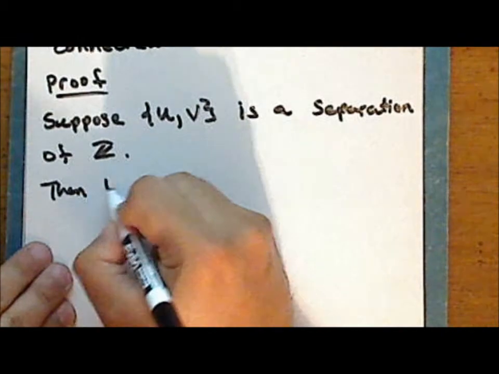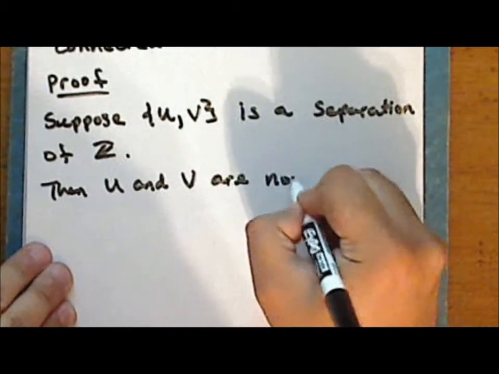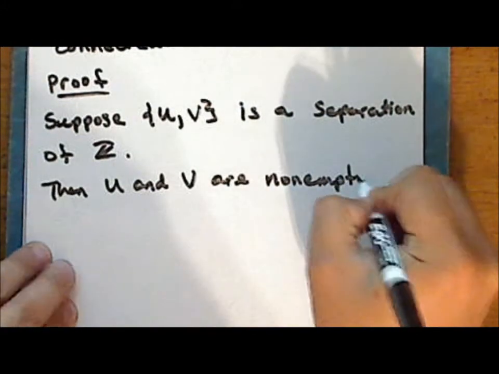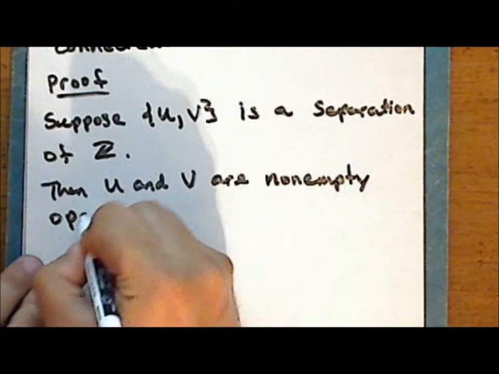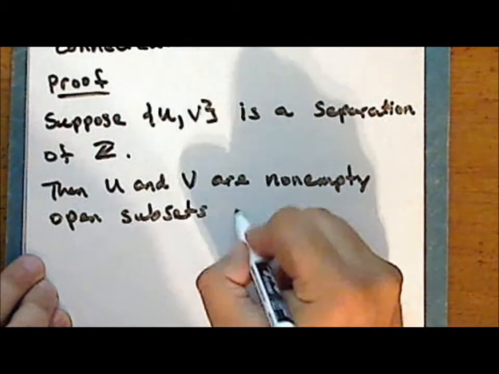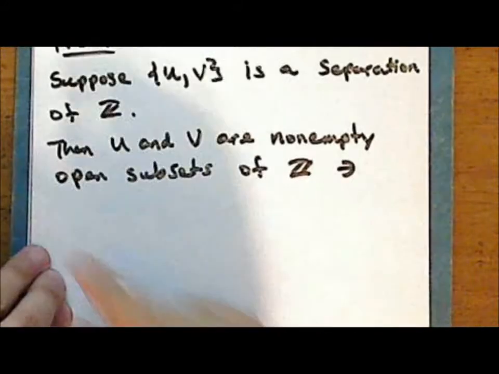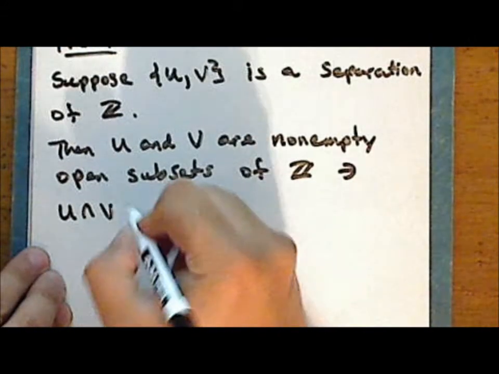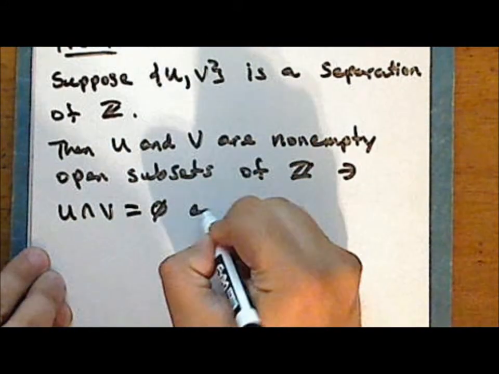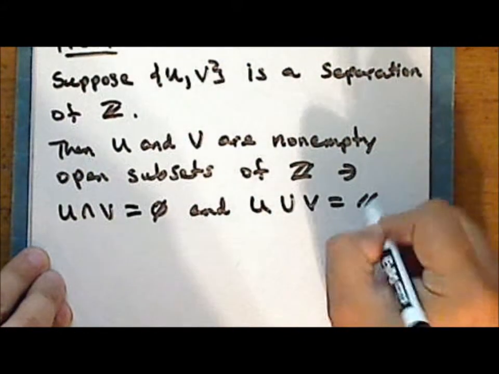Then U and V are non-empty, open subsets of the entire set of integers such that the intersection of these sets is empty and the union of these sets is the entire set.